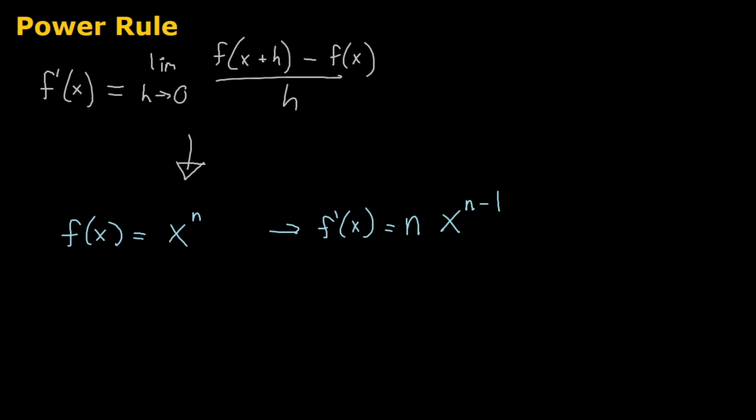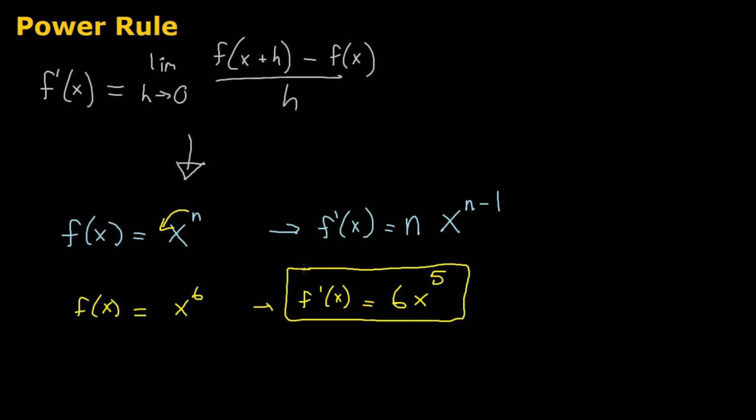So what you're doing is essentially pulling this n down in front of the x and then subtracting 1. So for example, if our f of x was x to the 6th, then f prime of x would be 6 times x, because we're just pulling the 6 down, and then you do 6 minus 1 in the exponent to get 5. So that would be the derivative of x to the 6th.